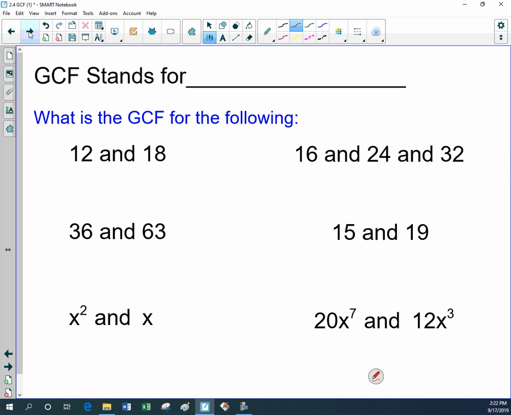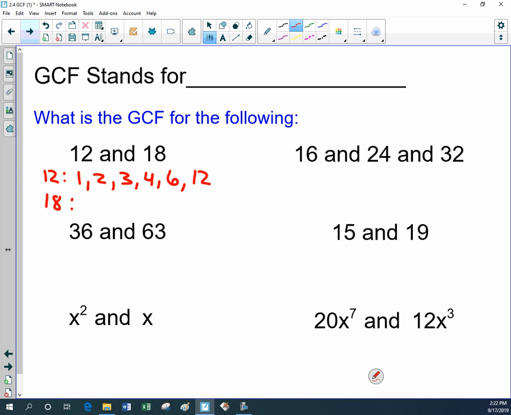Okay, what is the greatest common factor for the following? The largest factor that 12 and 18 have in common. If you look at a factor sheet or look at the factors of 12 and 18, factors of 12 would be 1, 2, 3, 4, 6, and 12.